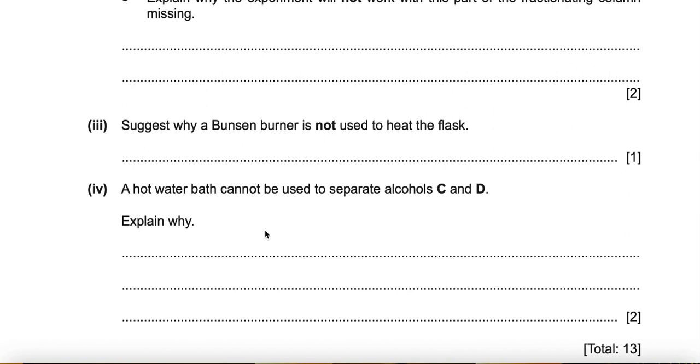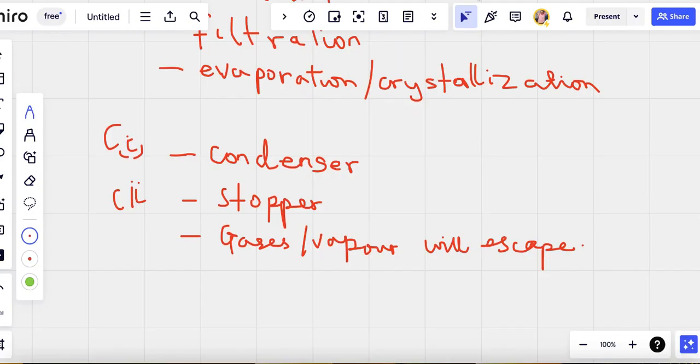So Roman figure 3, we say the mixture of alcohol is inflammable.